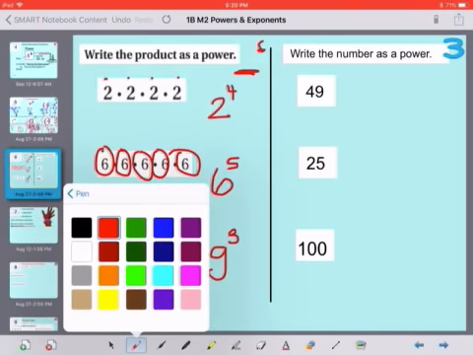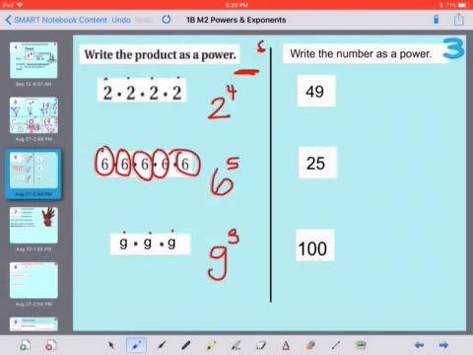Next, we are writing the number as a power. We don't have the same number multiplied out many times, so we need to think, what number could we multiply to get to 49? That's the same number. I know that 7 times 7 is 49, which we can really write as 7 2 times, 7 to the power of 2. Same thing with 25.